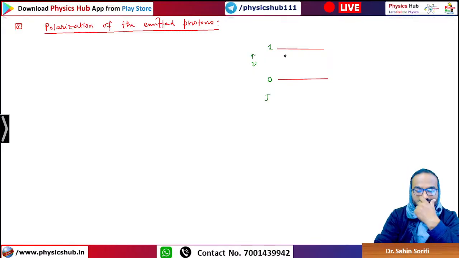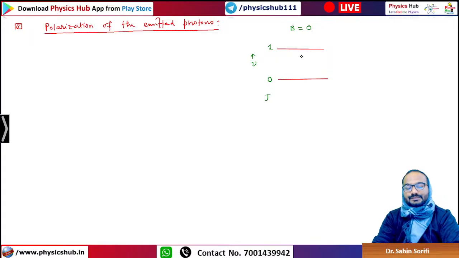If you take an example, let's say we have two levels, which for the time being I am saying are denoted by their J values. This is under the condition of B equal to 0.